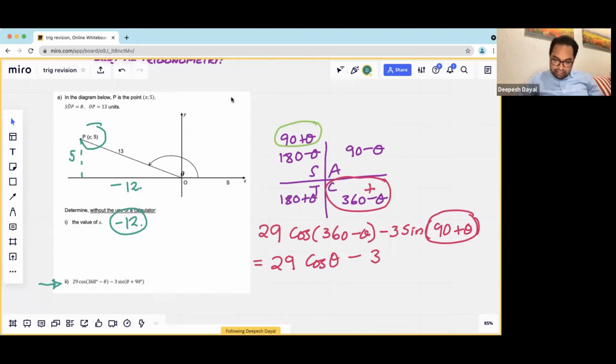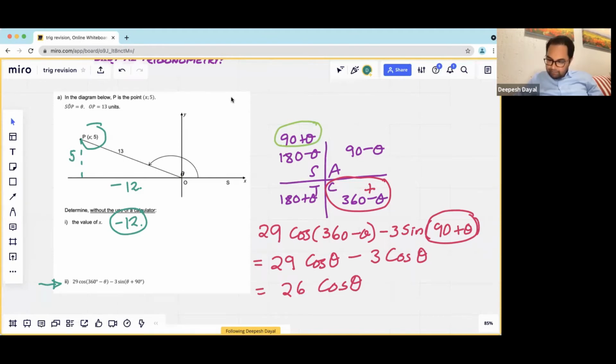So what does sine 90 plus theta become? Cos theta. So it's 29 cos theta minus 3 cos theta, which gives us 26 cos theta. And then we plug it back into the diagram. Thank you, Boitumelo.